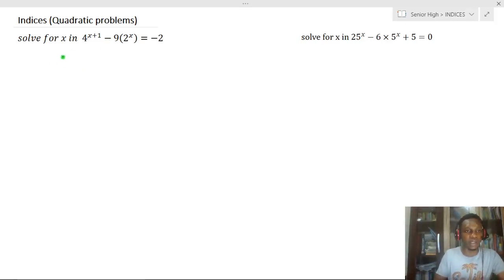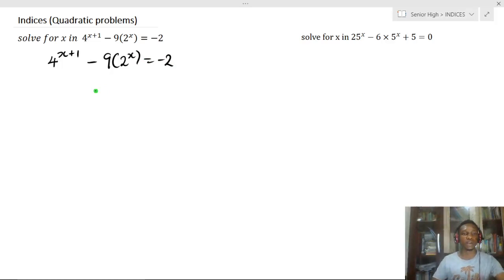I'll write it out again. We have 4 raised to the power of x plus 1, minus 9 bracket 2 raised to the power x, is equal to minus 2. Now notice something here. We have to look for what is common in these numbers. For this minus 2, let's forget about it, but look at these two numbers here. What is common between them? We can see that here is a 2 raised to the power x, and here can also be written as 2 raised to the power x.